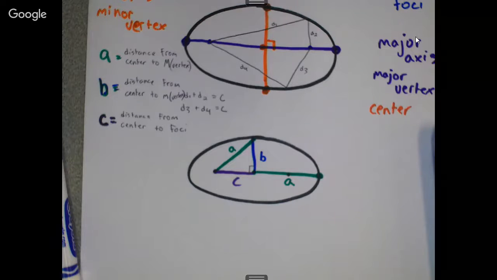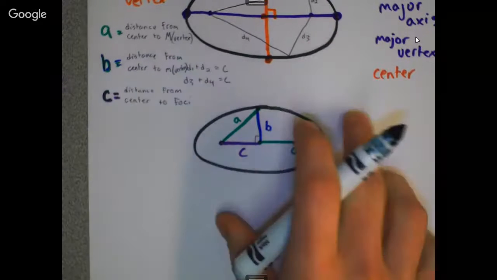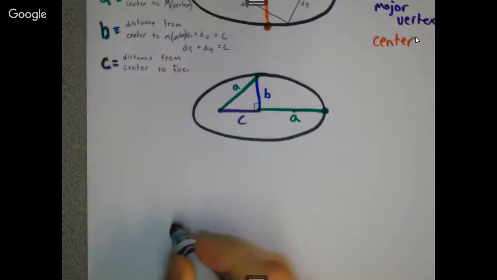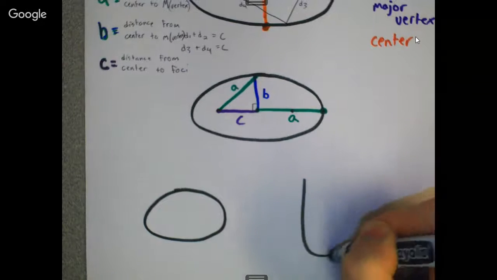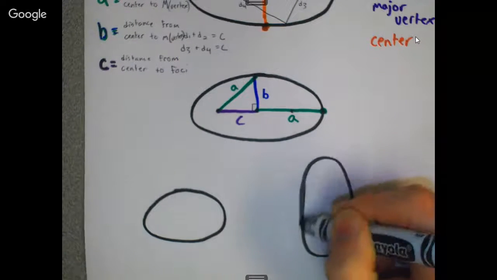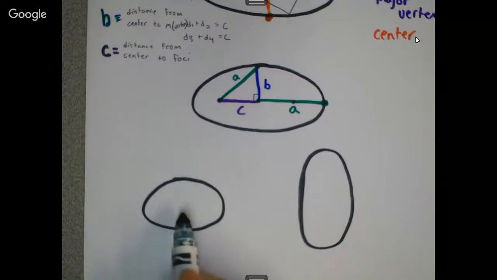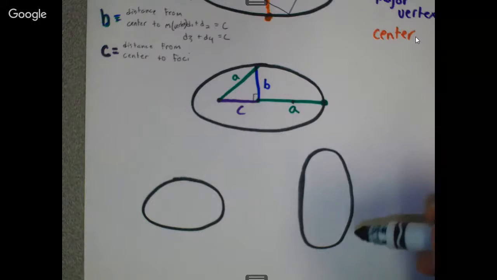Now, one of the main questions I have with this is, how do I know which way the ellipse will open up? Well, you'll have a handout with you, kind of like we did with the parabola, but there are two types of an ellipse. There's one with your major axis running horizontally, and the other one has the major axis running vertically.